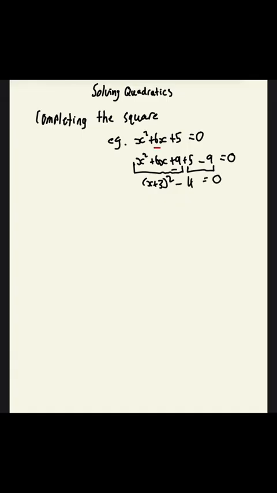Now, the square root of negative 4, you can't really do it. Well, let's just look at negative 4 by itself. If we try to square root this, you can't really square root a negative number. But we know that negative 2 times positive 2 will give us negative 4.